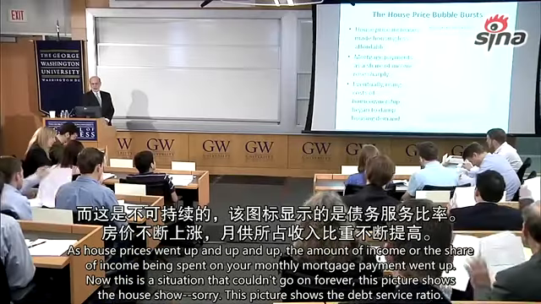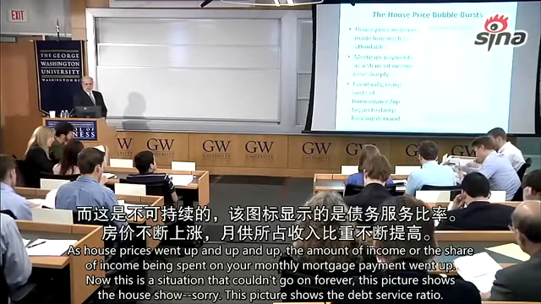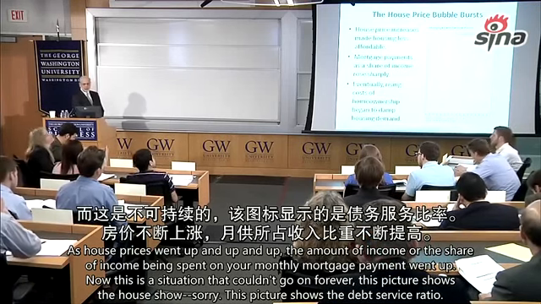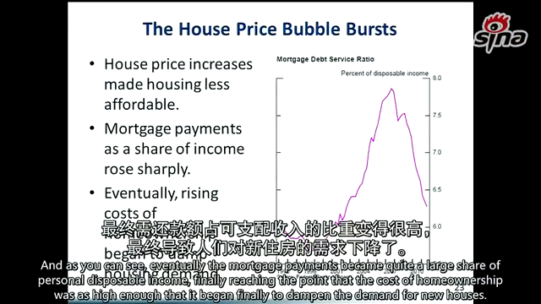Now, this situation couldn't go on forever. This picture shows the debt service ratio. As house prices went up and up and up, the share of income being spent on your monthly mortgage payment went up.